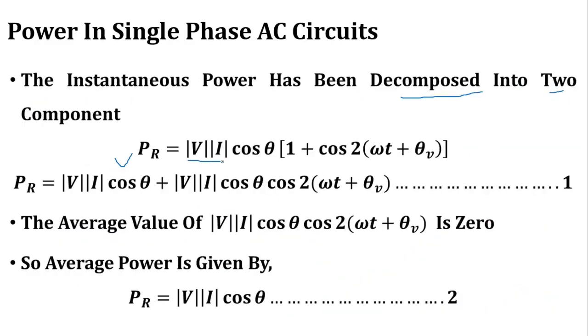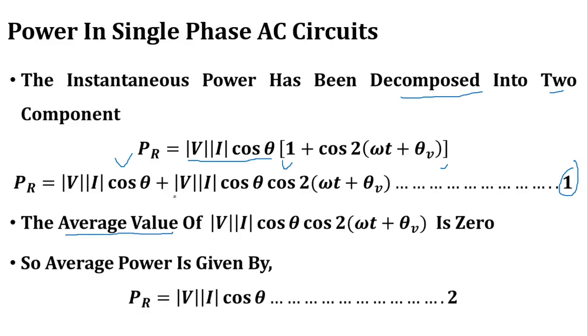So again I have to multiply this Vi cos theta into this bracket. So this becomes Vi cos theta plus |V||I| cos theta into cos(2ωt + θ). This we will take as equation 1. But if we consider the load side, we are going to take the average power into consideration.